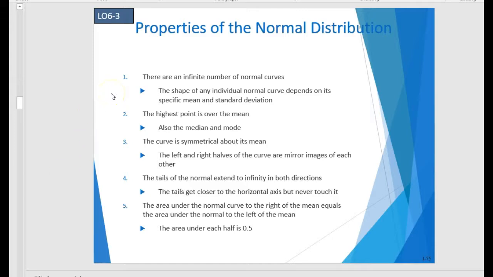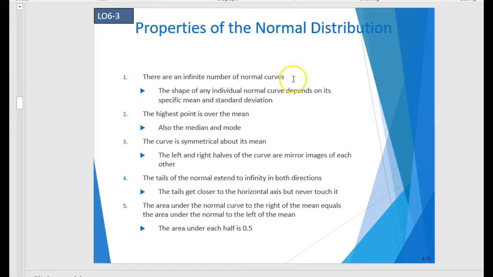The highest point is over the mean, which is also the median and the mode. We actually saw this in, I believe, chapter 3. This was the graph that showed us the curves, and you saw mean, median, and mode in the symmetrical curve, and then you saw what order they were in on curves that were skewed left or right.